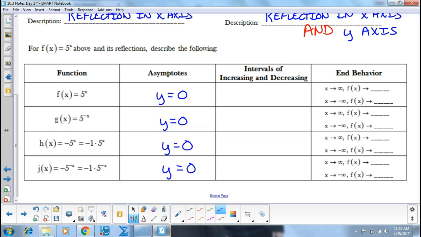For the first one, it was increasing for our parent function. It was increasing on the interval negative infinity to positive infinity. On g of x equals 5 to the negative x power, we said that one then was decreasing because it changed it from a growth to a decay.